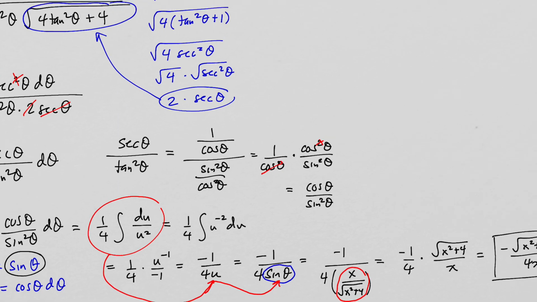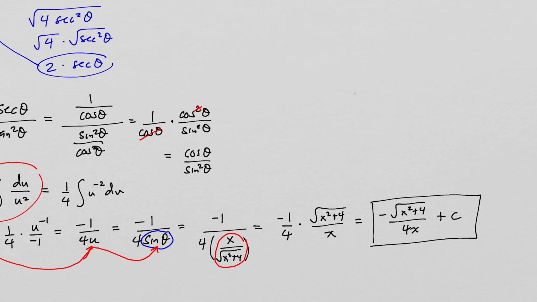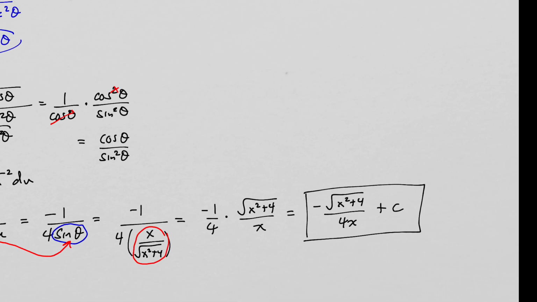So I had to go all the way back to the original substitution and make a triangle, and then come back down and substitute that in, and then simplify the result. So it really just takes patience, perseverance, and most importantly, you can't make any mistakes while you're doing this. So you got to be really diligent and careful not to make any little mistakes.